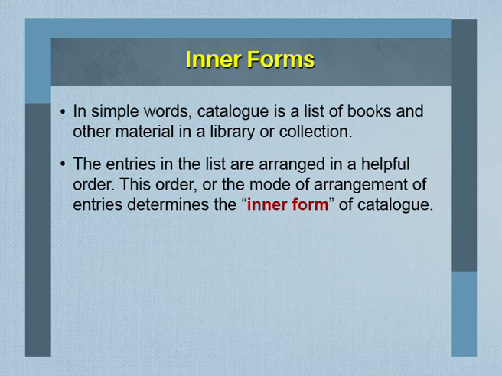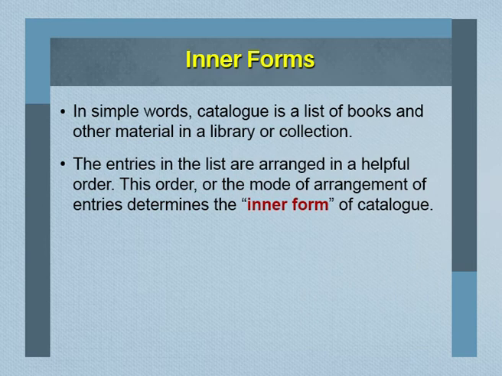In simple words, we can define the term catalog as a list of books and other materials in a library or collection. The entries in the list are arranged in a helpful order. That order, or the mode of arrangement of entries, determines the inner form of the catalog.